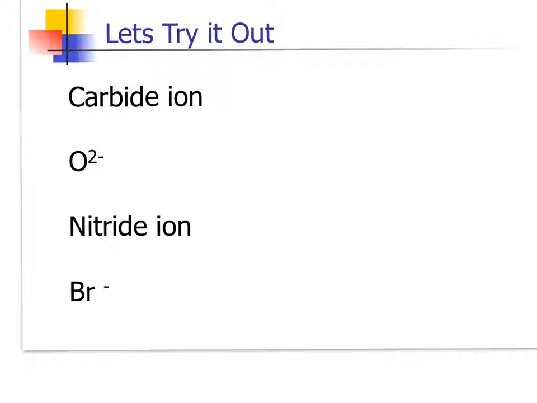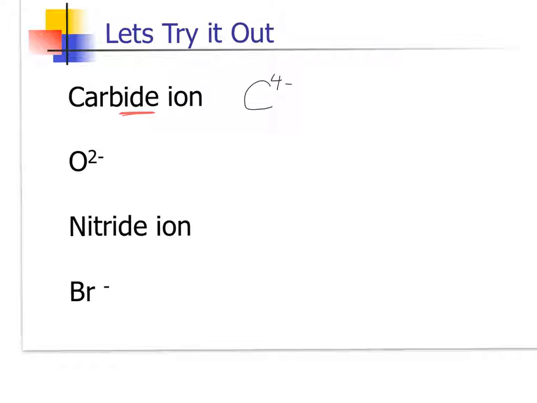Now the carbide ion, that's going to be different because it ends in IDE. Because it ends in IDE, that means the charge on the carbide, or the carbon, needs to be negative. Now O, with the negative 2 charge.